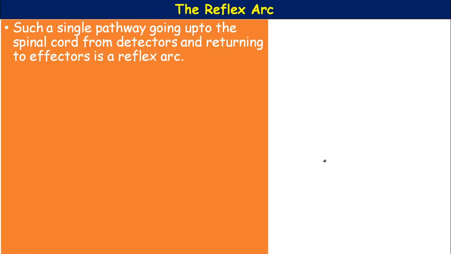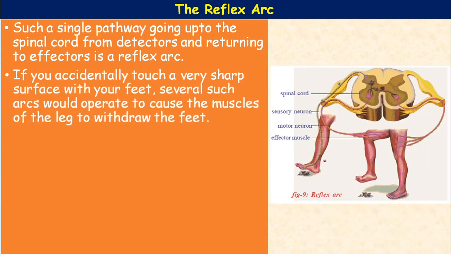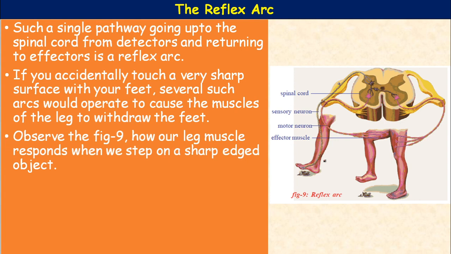So this reflex arc involves a pathway. Such a single pathway going up to the spinal cord from detectors and returning to the effectors is a reflex arc. If you accidentally touch a very sharp surface with your feet, several such arcs would operate to cause the muscles of the leg to withdraw the foot.